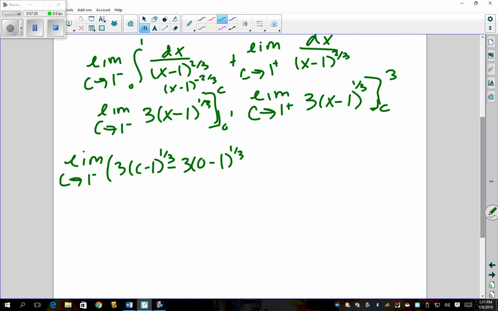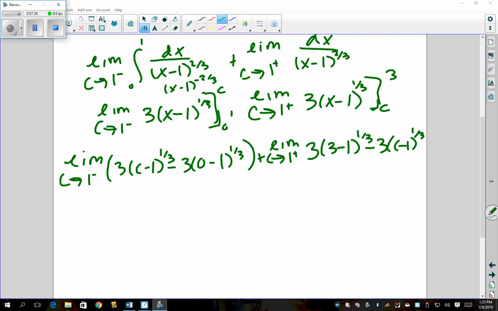And then plus the limit as c approaches 1 from the positive side, 3 times 3 minus 1 to the 1/3 minus 3 times c minus 1 to the 1/3.